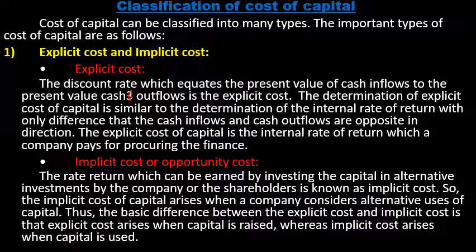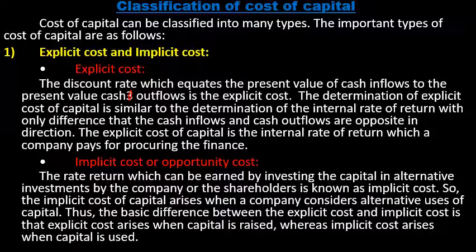It is even applicable to an individual. It is the rate of return which the investor or the company is going to get by investing in other or alternative investments. So that is called implicit cost or opportunity cost.